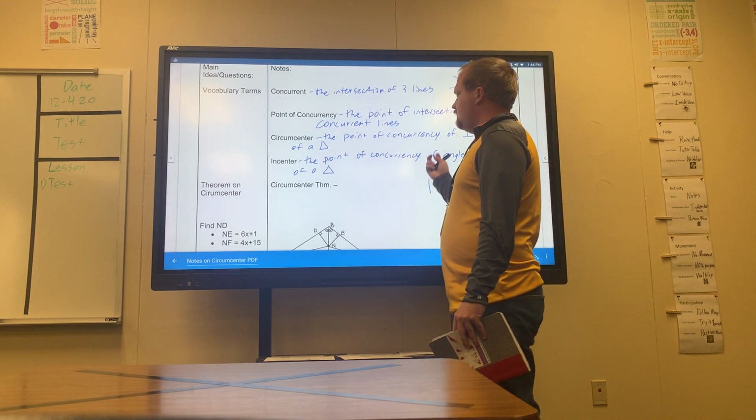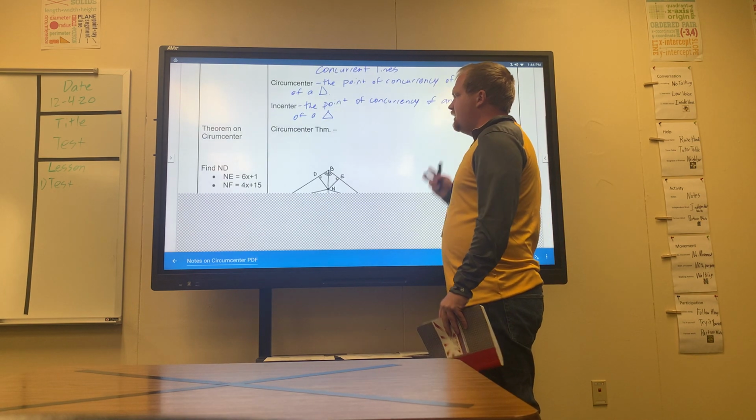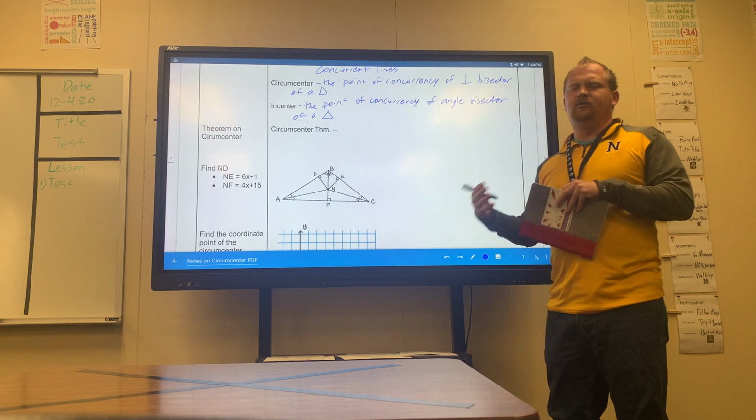Now, what makes both of them unique is that they're going to be equal distance from one another.